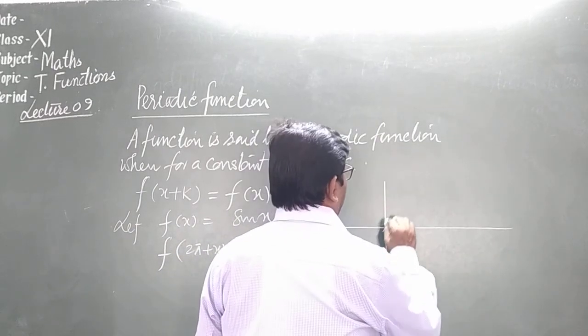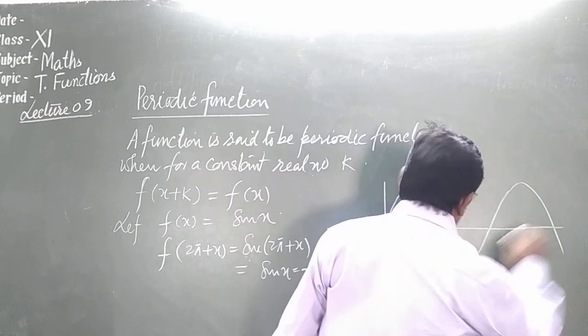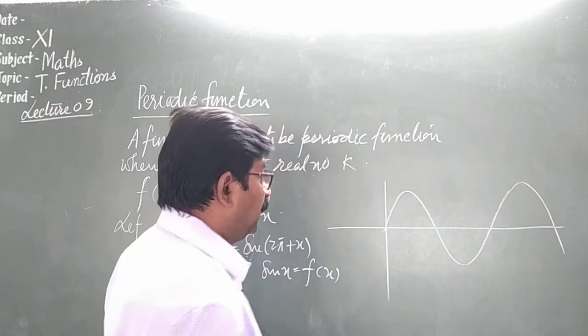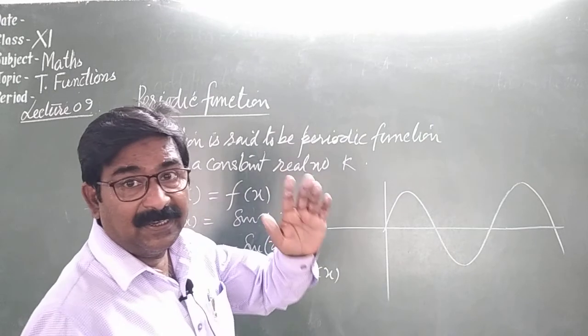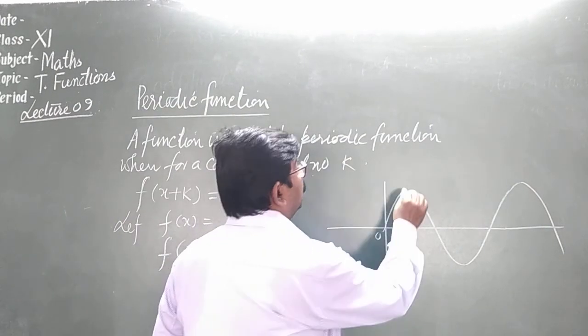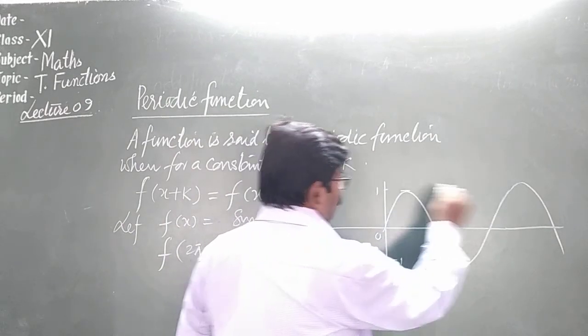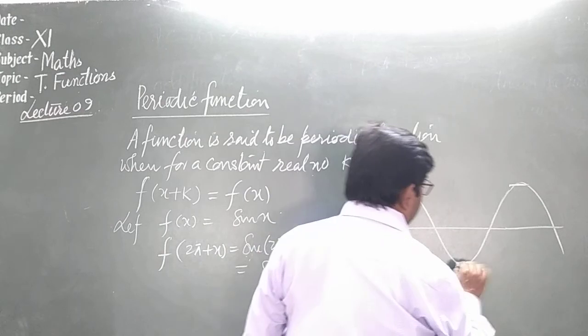So its graph can be seen easily. This kind of graph of sine, we will see in the next lecture how to plot the graph. This is 0, this one is 1, this one is minus 1, this one is 1, this one is minus 1.